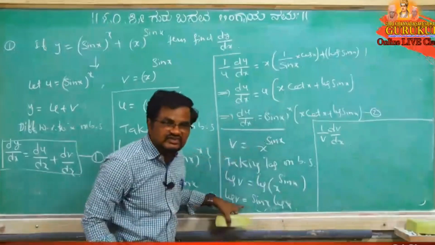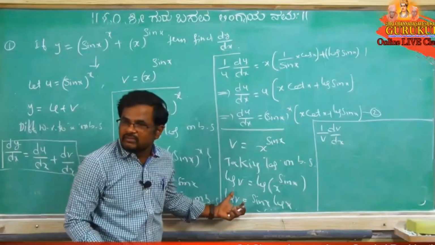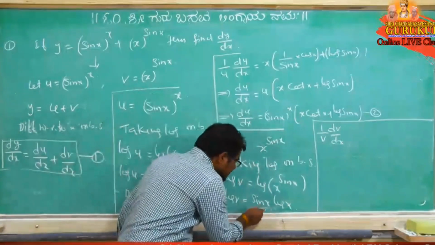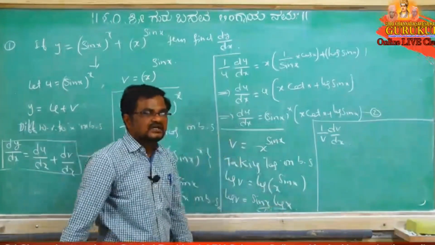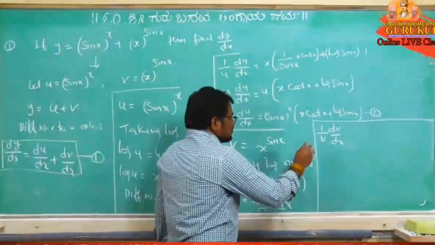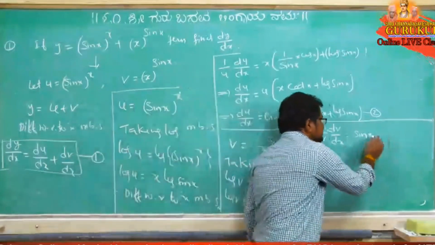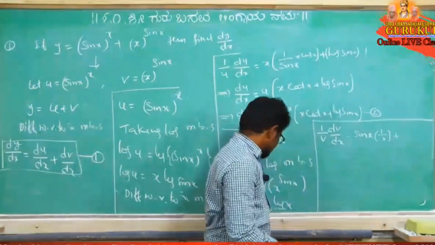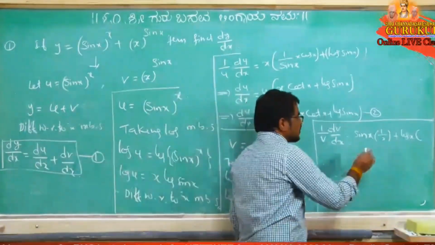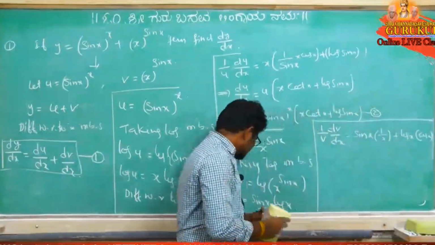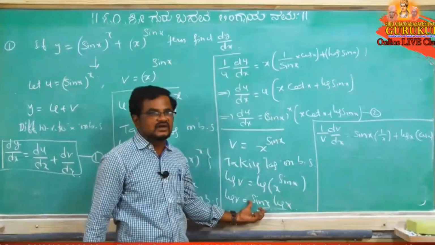Differentiating with respect to x on both the sides, differentiation of log v is 1 by v dv by dx. And again here which rule do we apply? Product rule, with f of x and g of x, or u and v. Sin x, differentiation of log x is 1 by x, plus log x, differentiation of sin x is cos x.